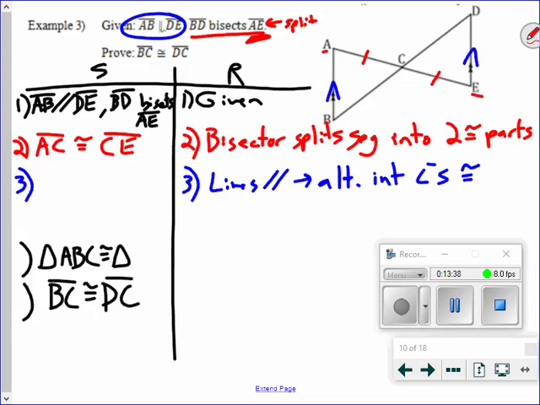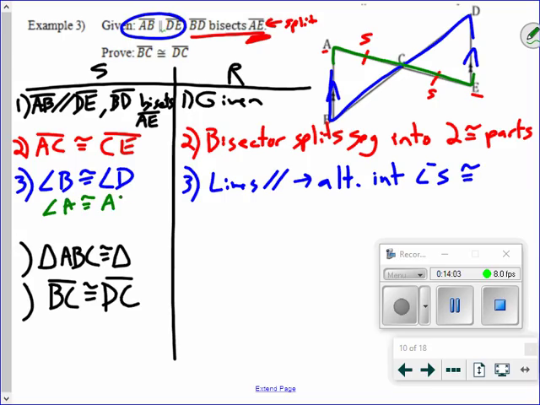All right, so that gives us one of our sides, okay? Now, every time we see parallel, you probably want to try and trace a Z. So if I trace that Z, I could say angle B is congruent to angle D. And technically, I could also do this reverse Z and say angle A is congruent to angle E. Now, if I do that, I am going to have angle connects to angle, which connects to side, okay?